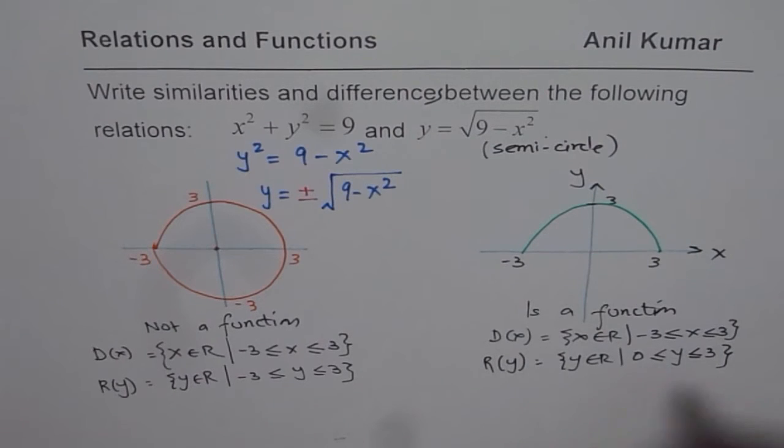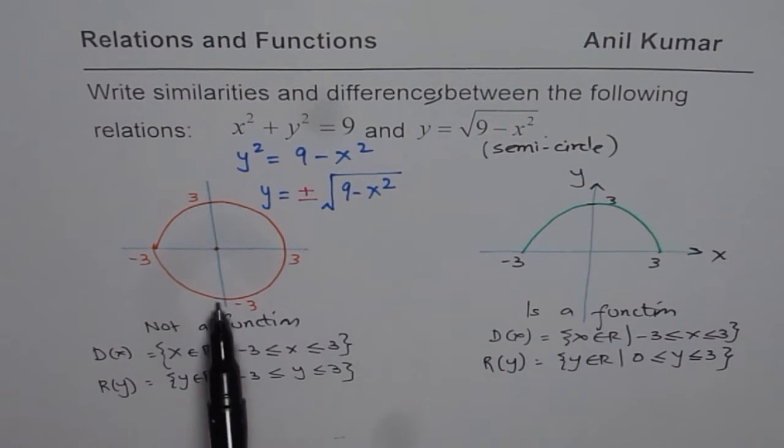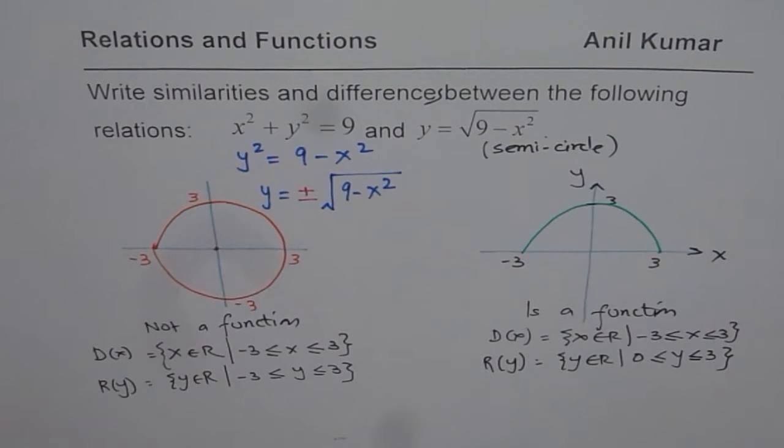So it is non-negative. Do you see that? So that becomes a difference between the two, and of course the difference is this one is not a function, whereas the other one, the semicircle, is a function. Do you see? And how are they similar? The top half is very similar, right? It's exactly the same, the top half. The lower half is missing in this semicircle.